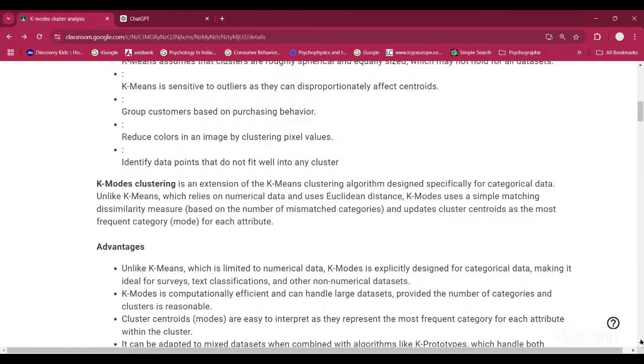But when you have categorical data, then instead of k-means, you can use k-modes clustering. So now I am requesting Farah to show the k-means clustering. Yes, sir.